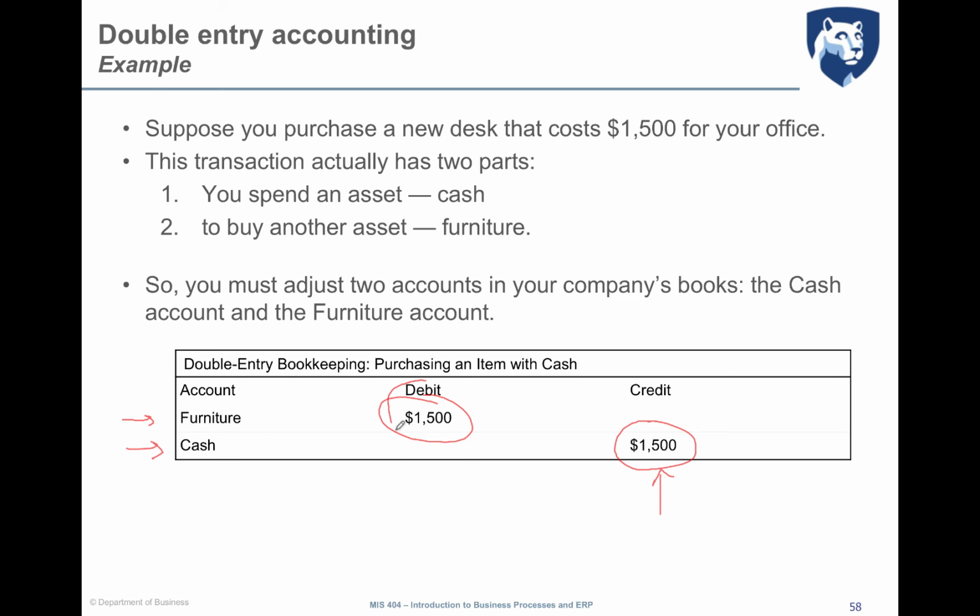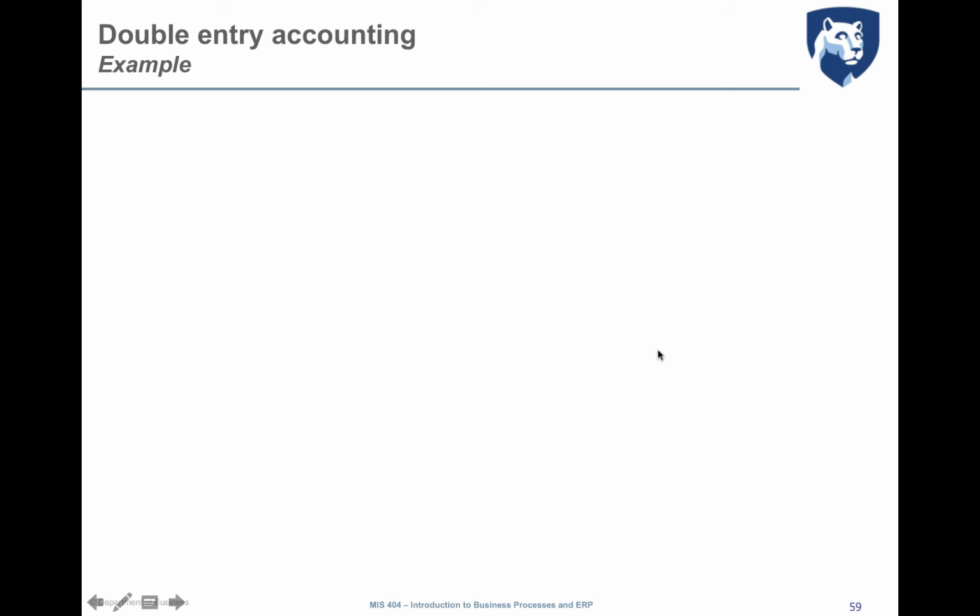Looking at how the balance sheet is affected, you can see that the only changes are to the asset side of the balance sheet equation. It means that the furniture increases and the cash decreases, and so the assets are balanced, and the equation is respected.